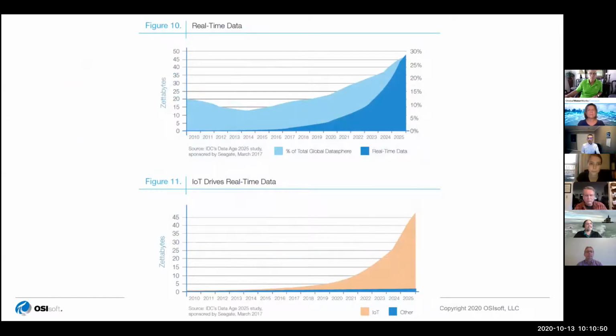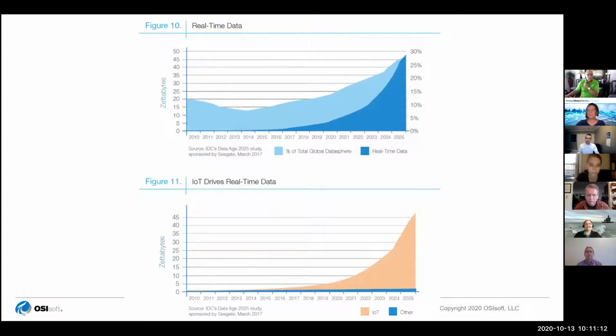But if we take a look at data itself, we're starting to see more and more real-time data. And that's what we're talking about today, primarily. Real-time or time series data. You can see by 2025, in 5 years, roughly of all the data in the world created, 25% of that is going to be real-time data.